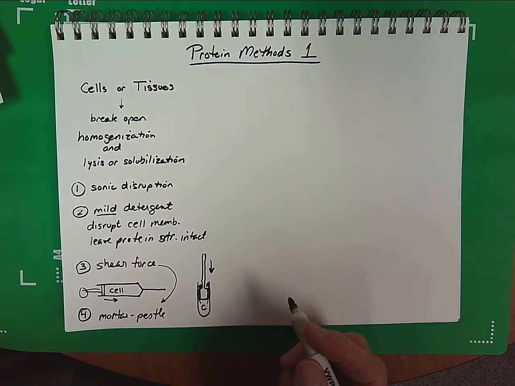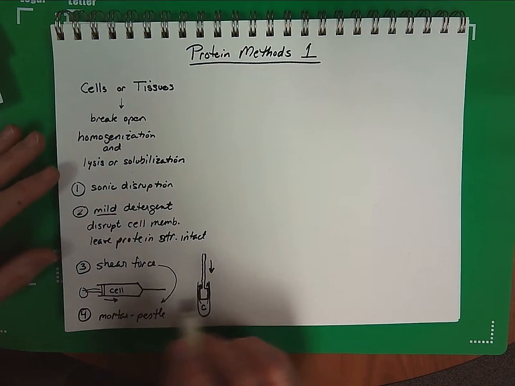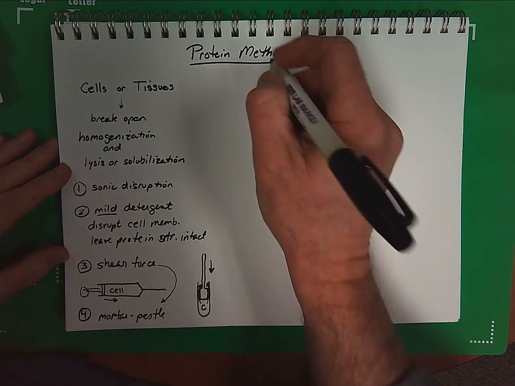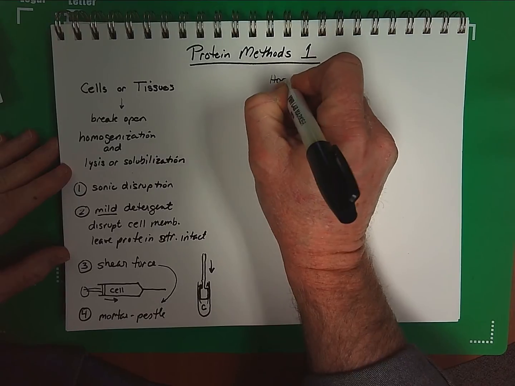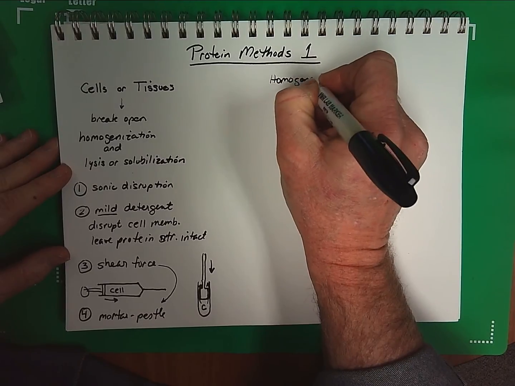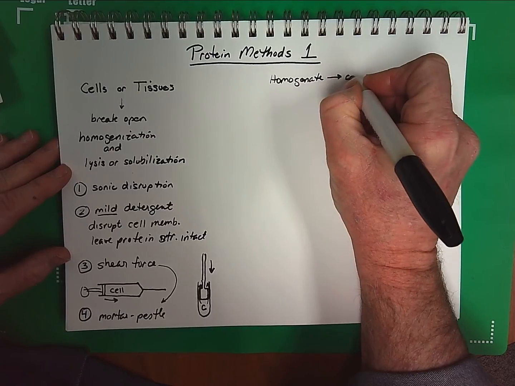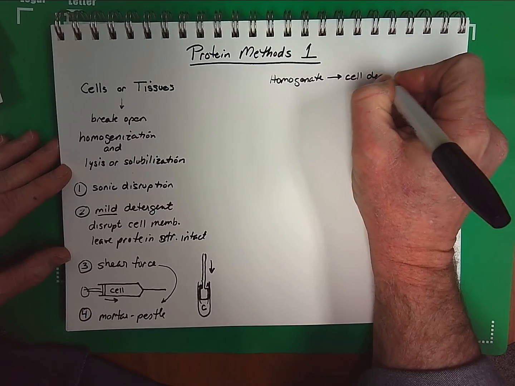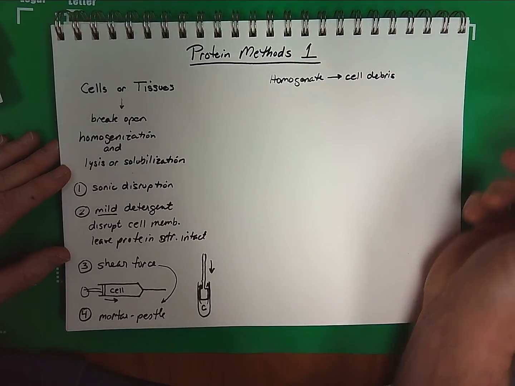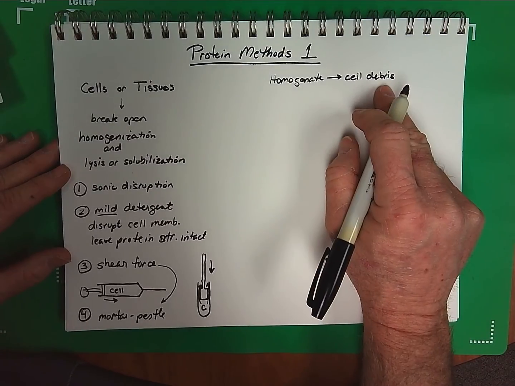Now, once we do this, what we typically have here is a homogenate. And what is a homogenate? A homogenate is typically cell debris, because the cells and tissues are now lysed open. They're broken open.